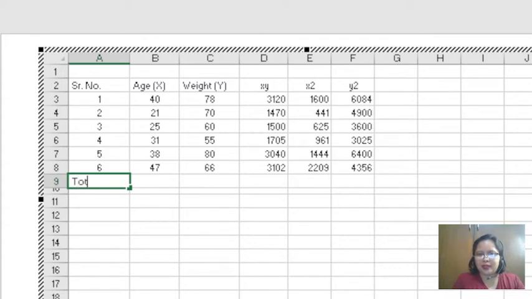When we say summation, it is the total. Where is the summation? Insert, summation.